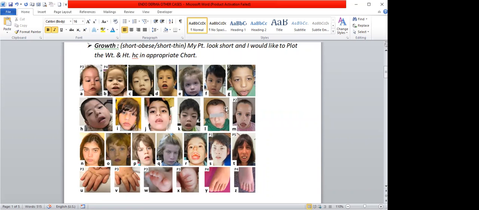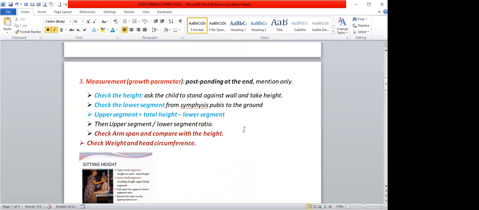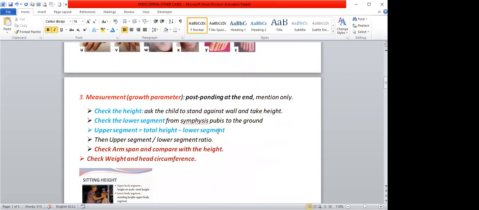Now the measurement part, we can keep it for the end of our examination, because this is a little time consuming. So I think it's better to discuss it at the end.